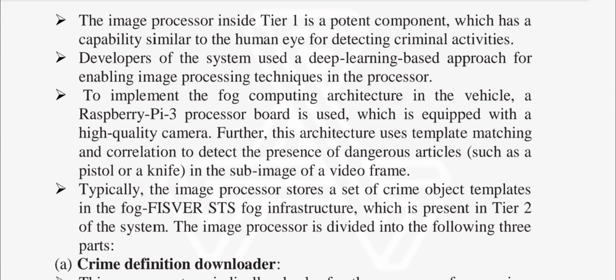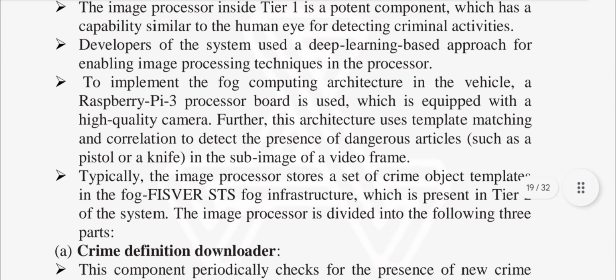The Raspberry Pi 3 processor board is used, which is equipped with a high quality camera. Further, this architecture uses template matching and correlation to detect the presence of dangerous articles such as a pistol or knife in the sub image of a video frame.